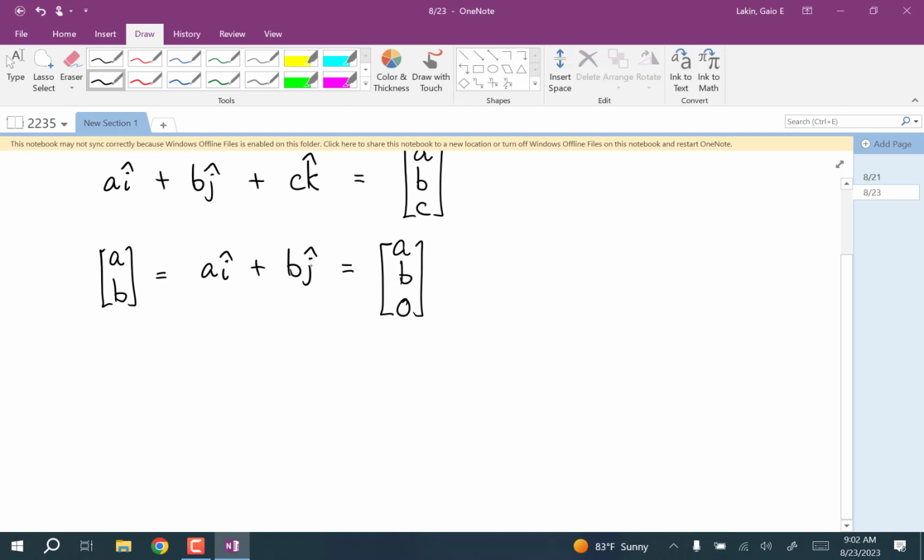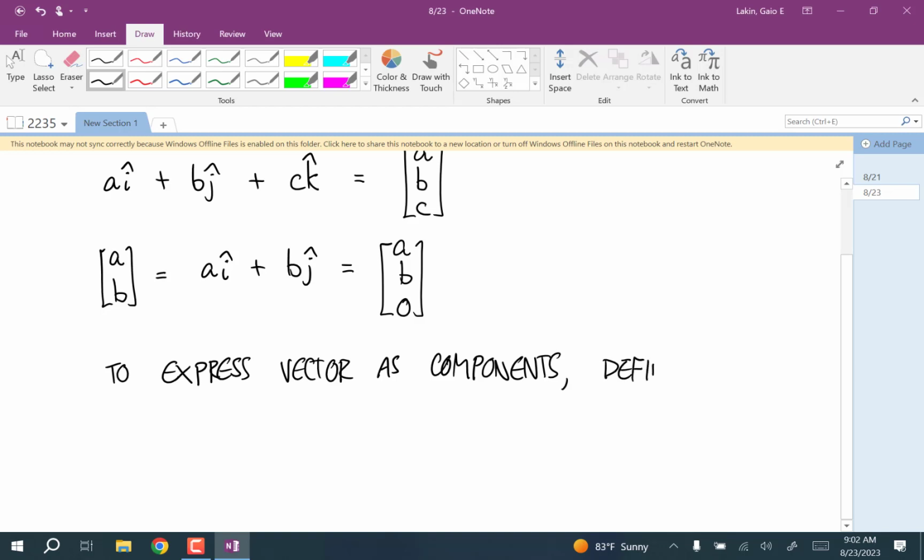So these are vector components. In order to express any vector in components, you always first need to define a coordinate system. When you've done vector stuff in math classes, this fact is kind of glossed over, because mathematically speaking, there's no real reason to think about what the orientation of a coordinate system is.